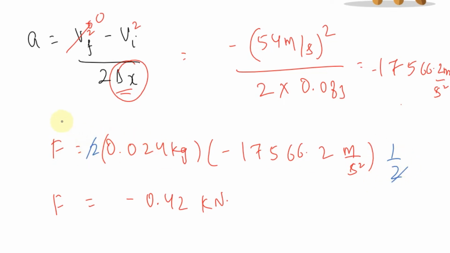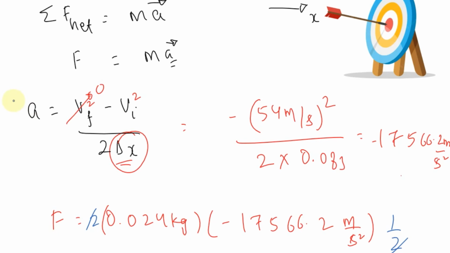So if acceleration becomes half, then from here this delta x will be equal to minus vi squared over 1 over 2 times a times 2, and this 2 I'm taking in the numerator, so I've taken it like this.